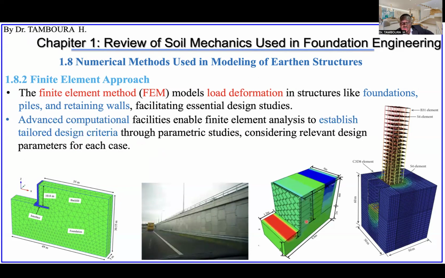Okay, so advanced computational facilities enable finite element analysis to establish tailored design criteria through parametric study, considering relevant design parameters for each case. For example, if we consider this case, what are the design parameters that can be considered?